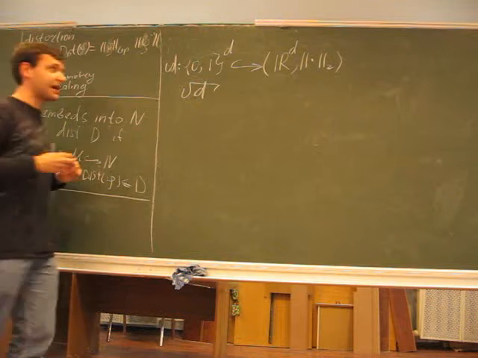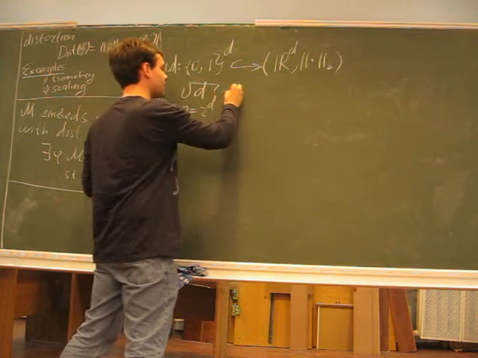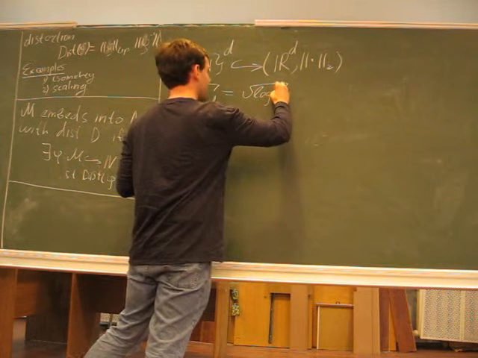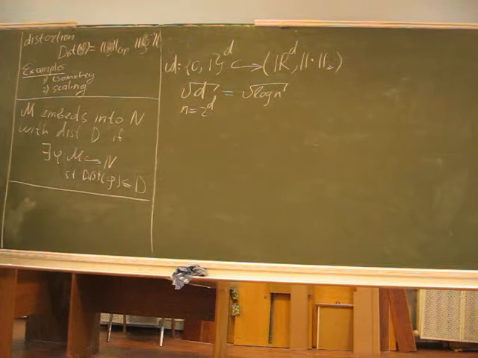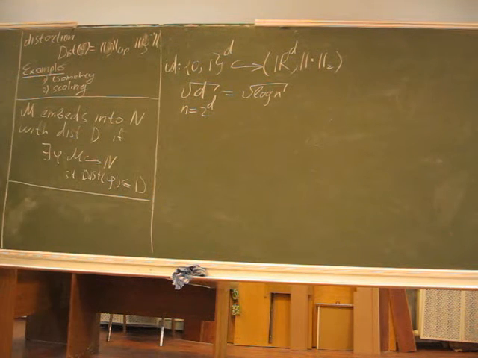So if n is the number of points, then this number is equal to the square root of log n. And how does this square root of d factor between the norm of phi and the norm of phi inverse? In one direction it's 1 and the other is square root of d.